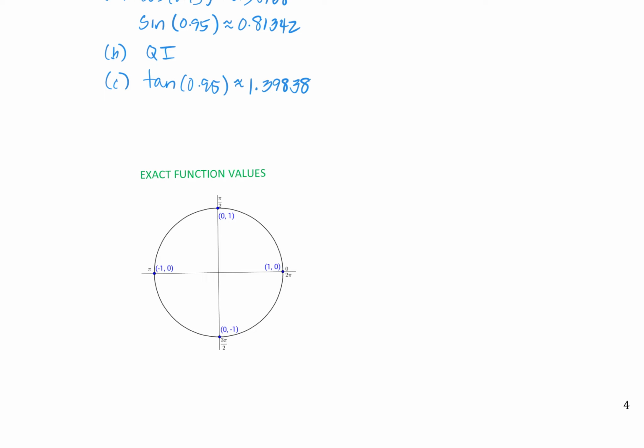How would we find cotangent? Well, in most calculators, they have a 1/x key.